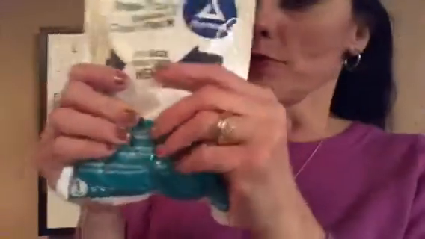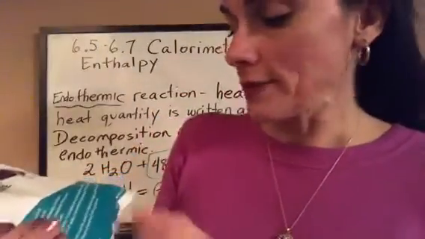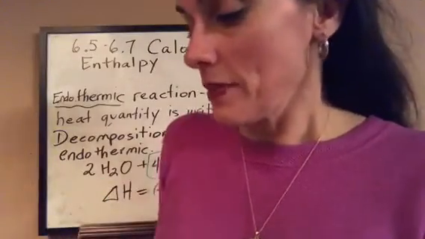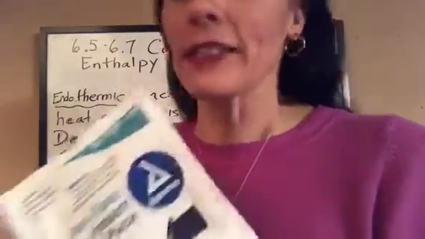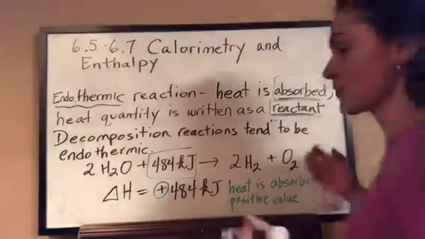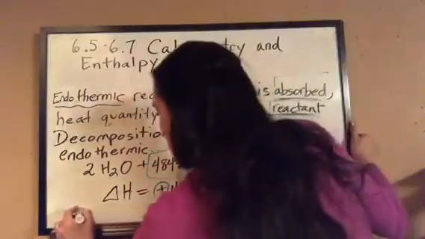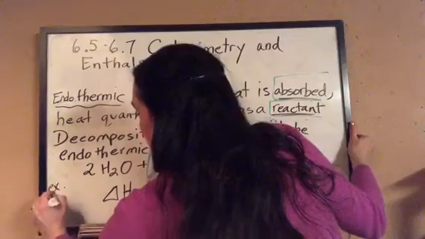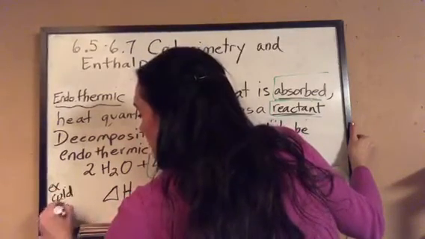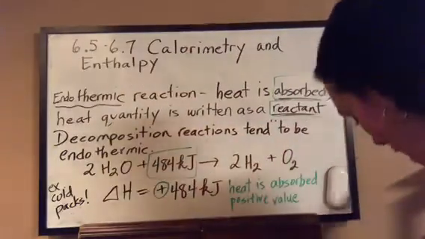But if you break the inner pouch that contains the water and it mixes with the material inside, it gets cold instantly, because it's absorbing heat from the surroundings. So an example would be cold packs, those instant cold packs.